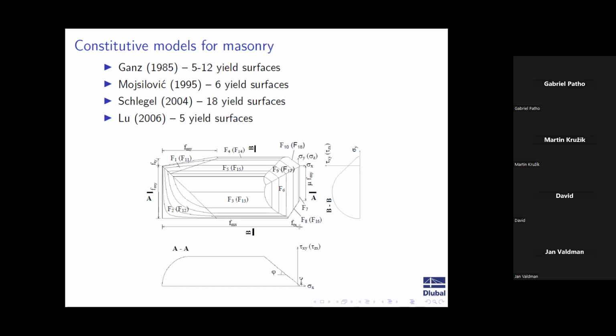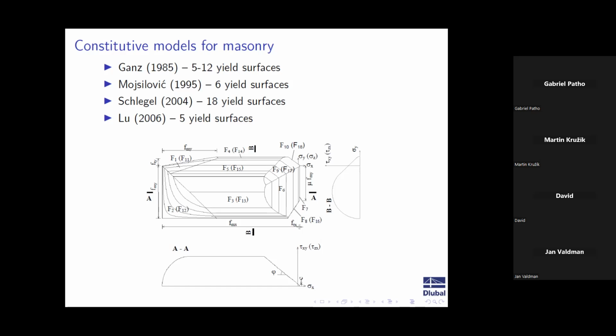For example, this is the material model from Schlegel, from his dissertation work from 2004, which has 18 yield surfaces. So it also includes assumptions of the overlap between the bricks, so how far they are above each other, which then modifies some of my yield surfaces and some not.